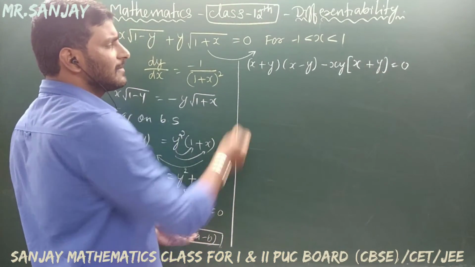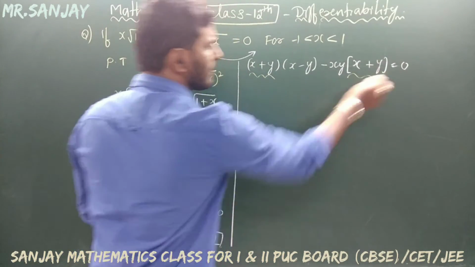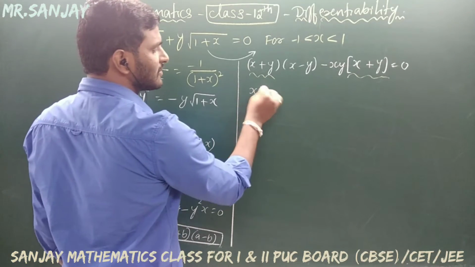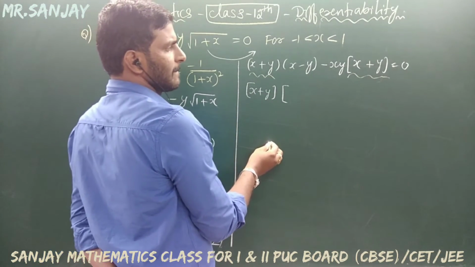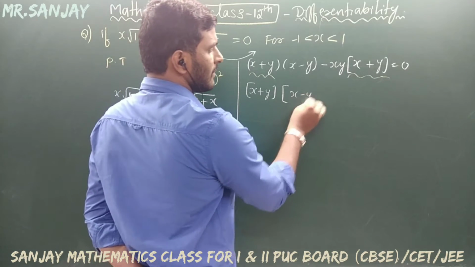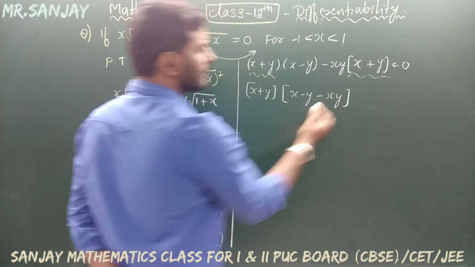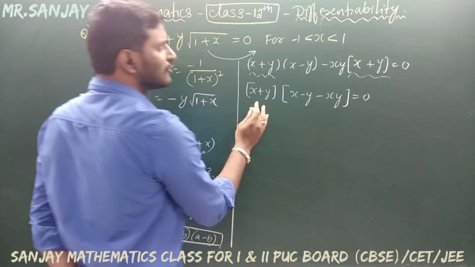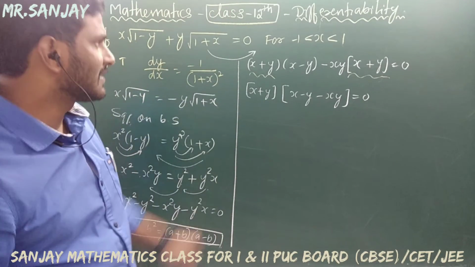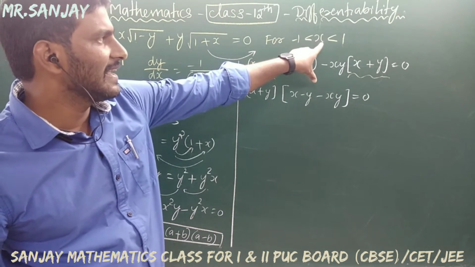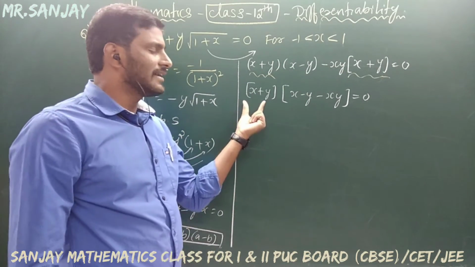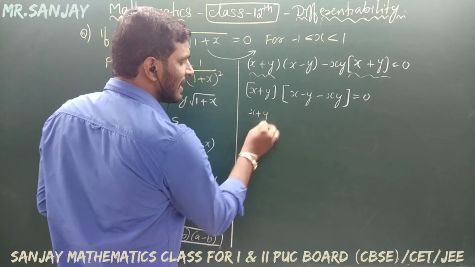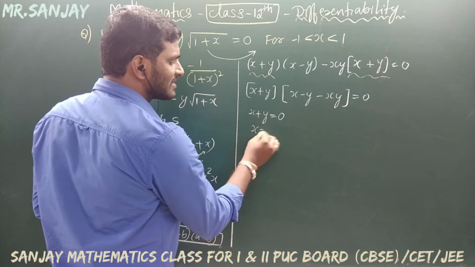Again, anything common here? x plus y, very good. If I take x plus y, what are the remaining terms? Minus xy, is it correct? And that is equal to 0. There are two factors here. The given condition is x is greater than minus 1 and less than 1. So if x plus y is equal to 0, x is equal to minus y.